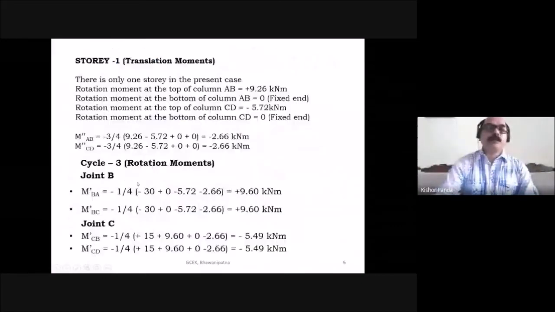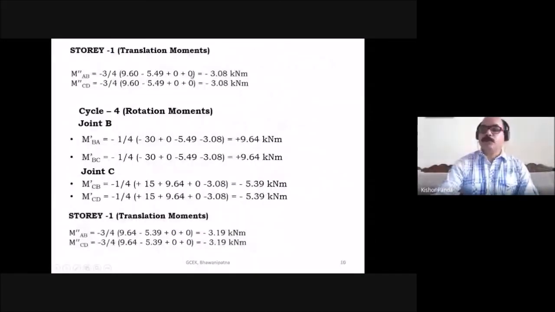Cycle 3, translation moments. Then again you go for cycle 4. Then you find out what is the rotation moment. So M dash B is equal to minus 1 by 4, minus 30 plus 0, minus 5.49, minus 3.08, is equal to 9.64 kilonewton meter. And M dash BC is equal to the same 9.64 kilonewton meter.